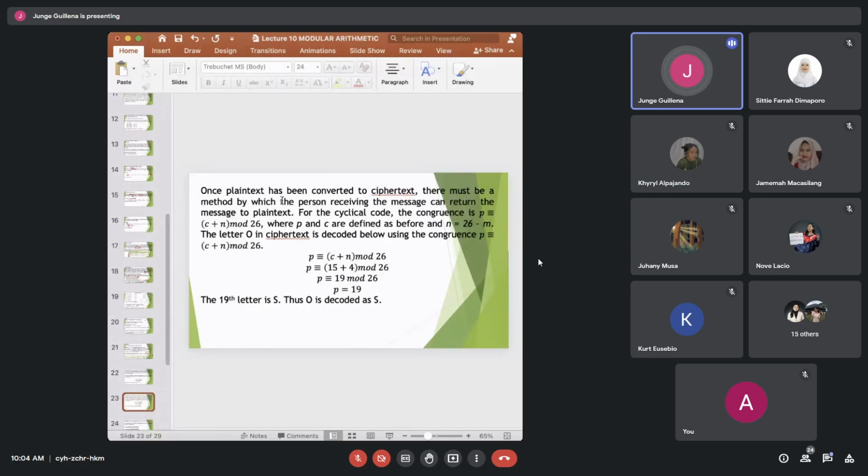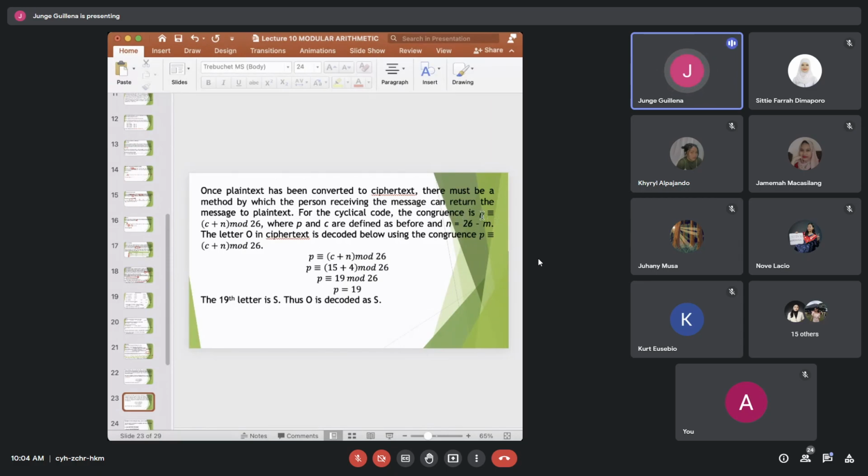So once plaintext has been converted to ciphertext, there must be a method by which the person receiving the message can return the message to plaintext. Obviously, once you convert plaintext to ciphertext, it can also work the other way around, that you can convert from ciphertext to plaintext. We call that the cyclical code.